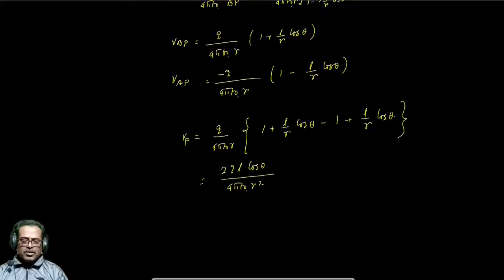And we know that 2QL is equal to p, that is dipole moment, so V is p cos theta divided by 4 pi epsilon 0 r square. So, V can be written as p dot r cap divided by 4 pi epsilon 0 r square.